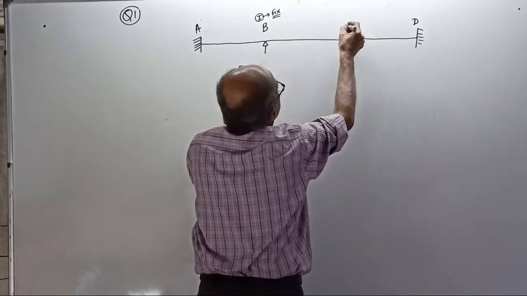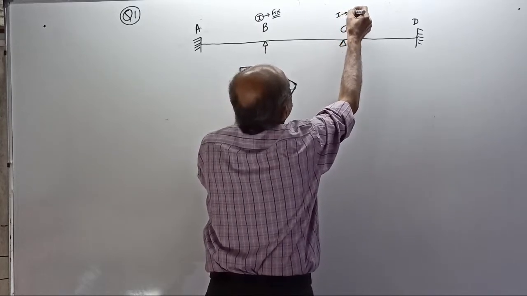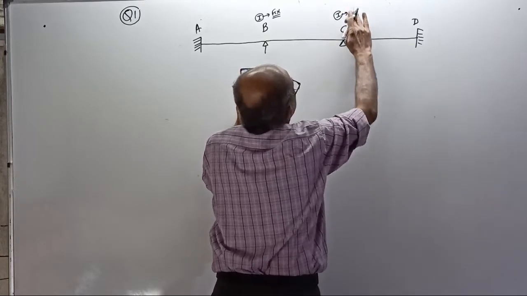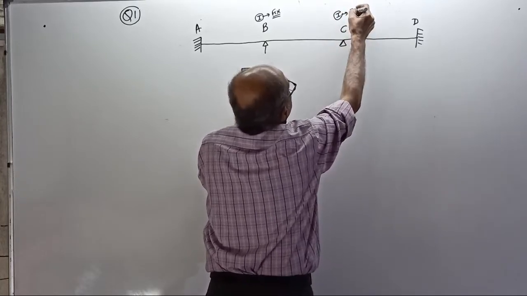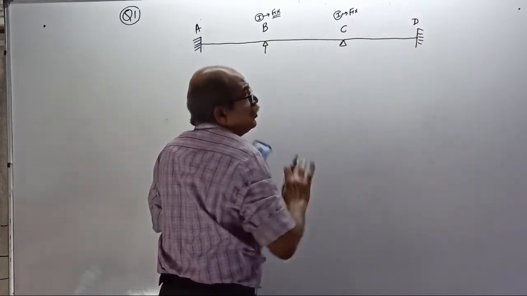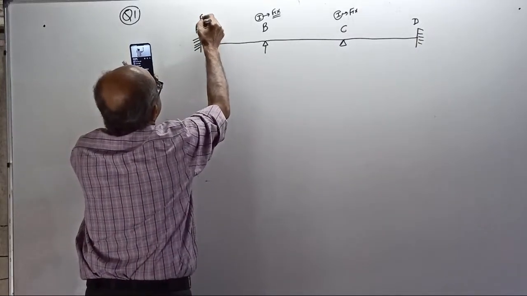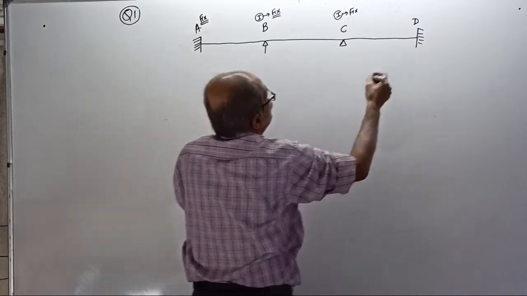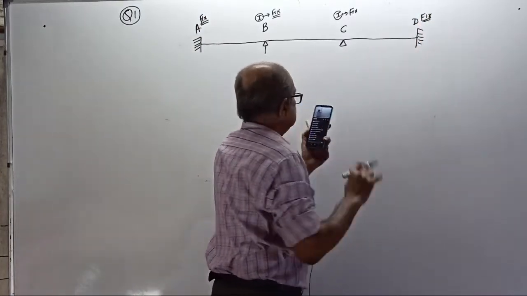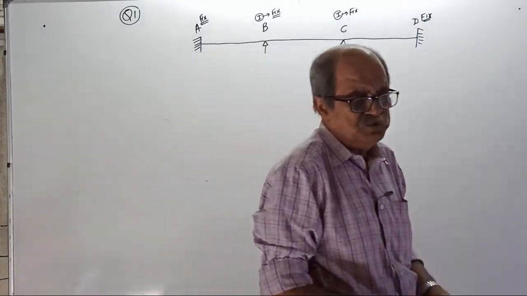C, intermediate support, considered as fixed for stiffness and carryover. Okay. Now come to the end supports. This is absolutely fixed. This also is absolutely fixed. Over. Fully clear? Then first you do this one.